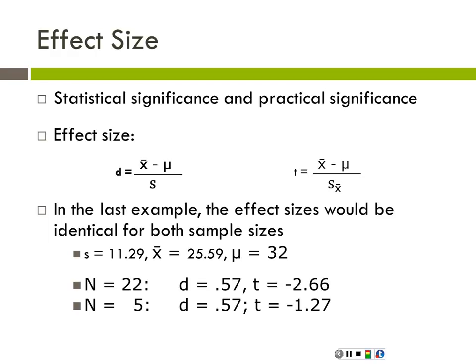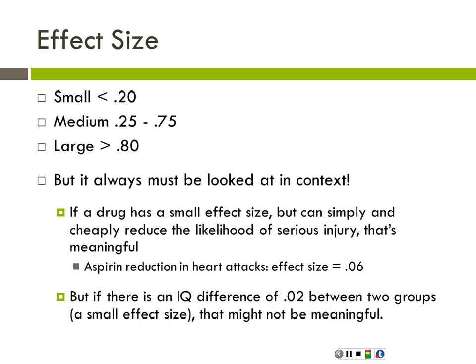As far as knowing if your d is significant or matters, we don't really compare it against a distribution. We just have some rules of thumb for how big that effect size is. Basically, d values that are lower than 0.20 are considered small effect sizes.